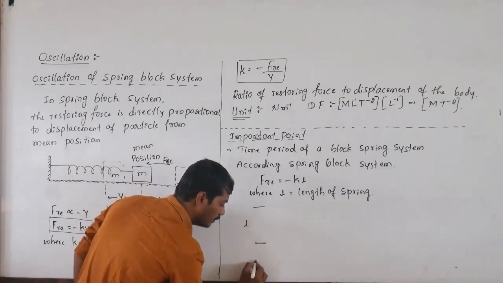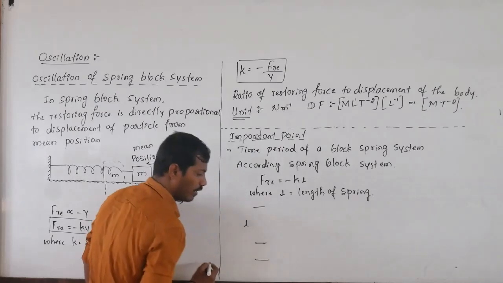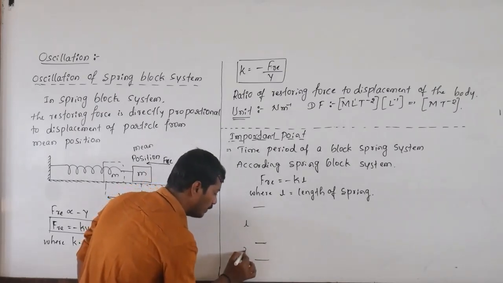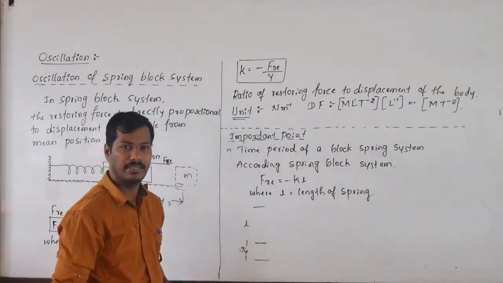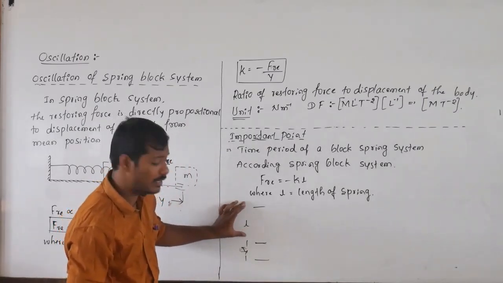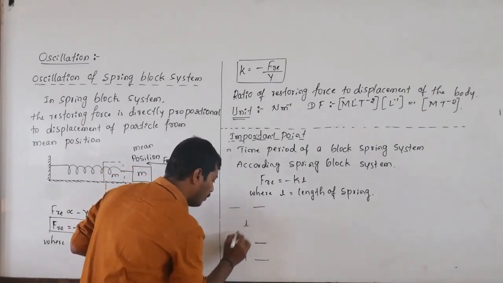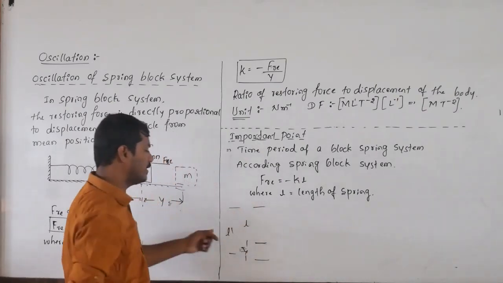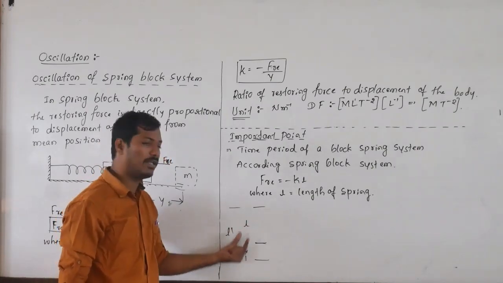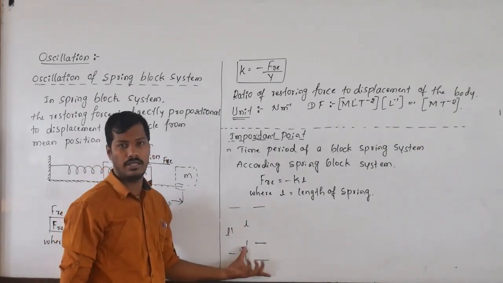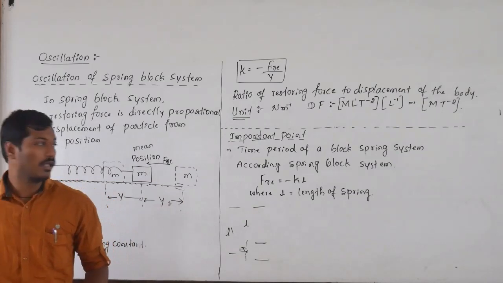It displaces here, it comes down. If it comes down, the displacement of the body is called x or y. The length of the spring has just changed like this. Initial length is L, then from here to here becomes L dash. L dash is nothing but L plus y or x, the displacement of the body.